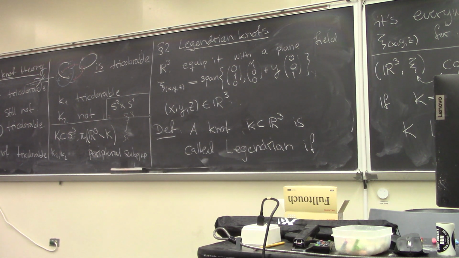You take the Hopf fibration, then you take two fibers, and then it would be a Hopf link.